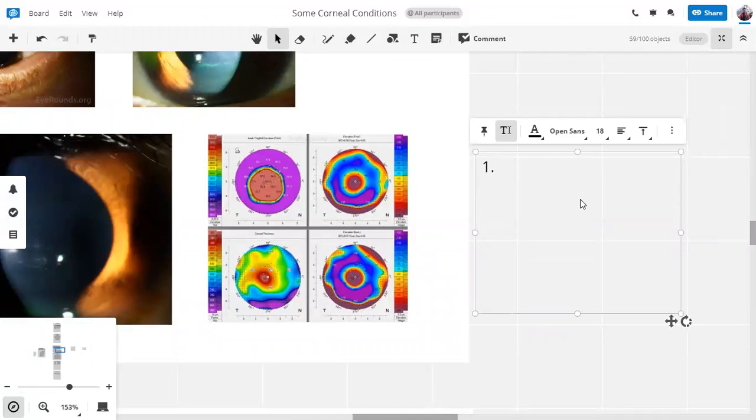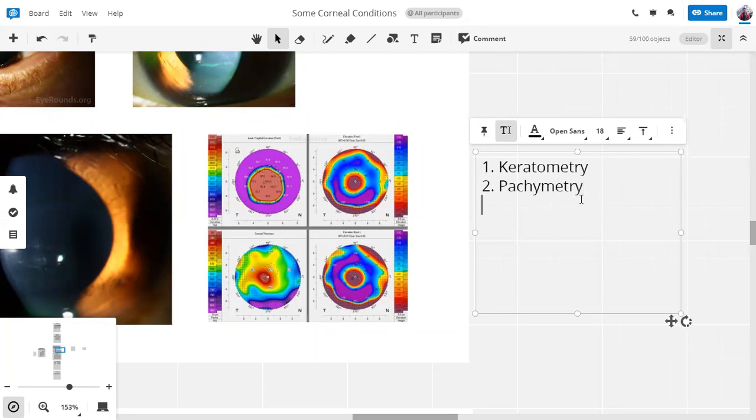The investigation in which we check the corneal curvature is called keratometry. The investigation in which we check the corneal thickness is pachymetry. Pachymetry we discussed in the start.